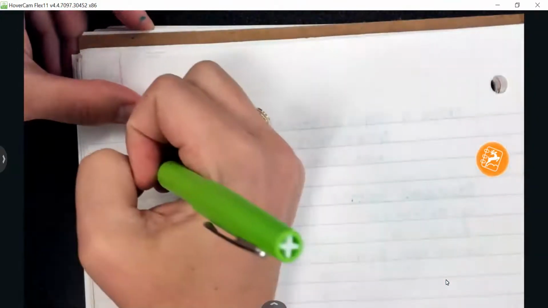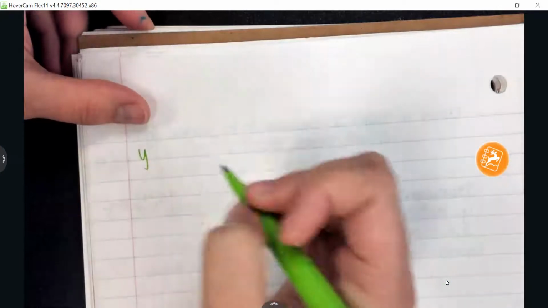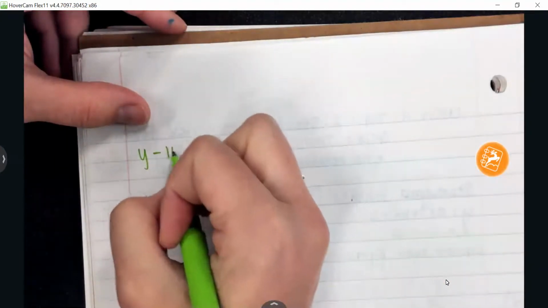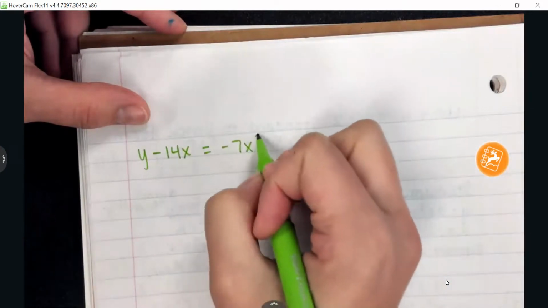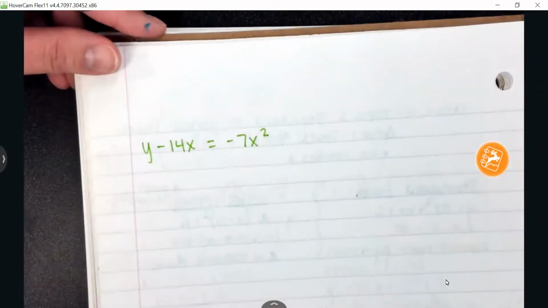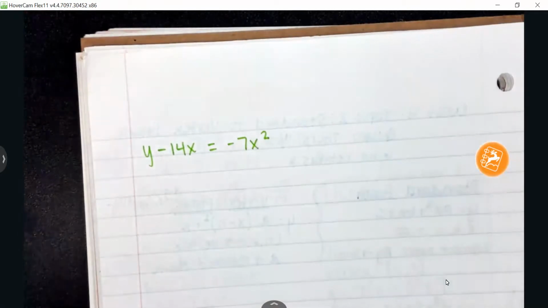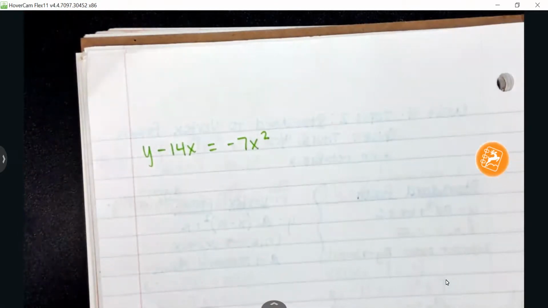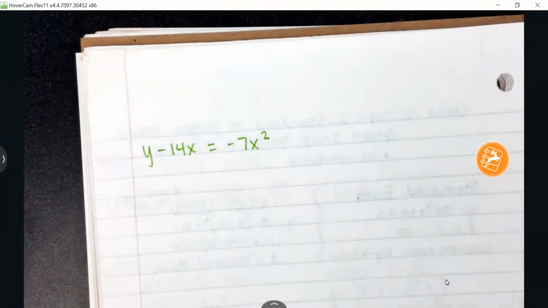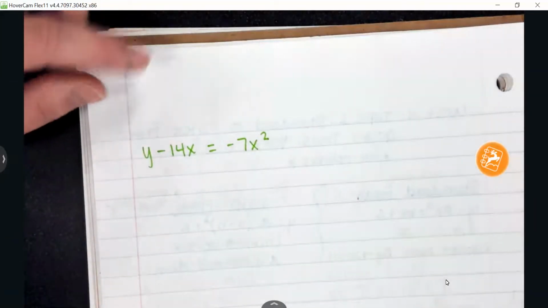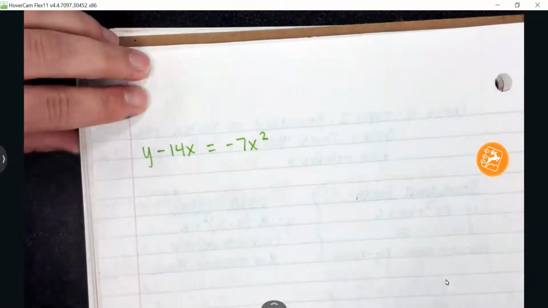All right, let's go try and get one more done before our bell rings. Ready? Let's do it this way. Y minus 14x equals negative 7x squared. Is it in order? No, because it doesn't even say y equals. So what do I have to do to this negative 14x? We're going to add it.